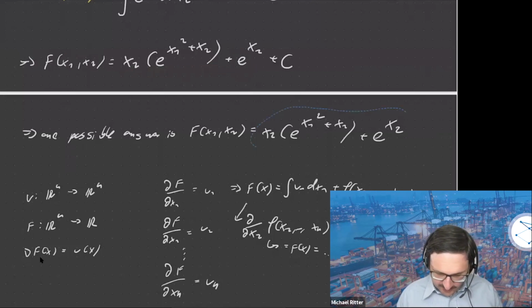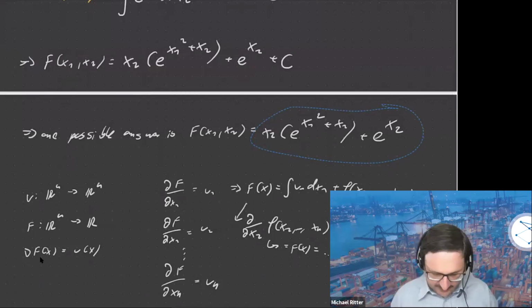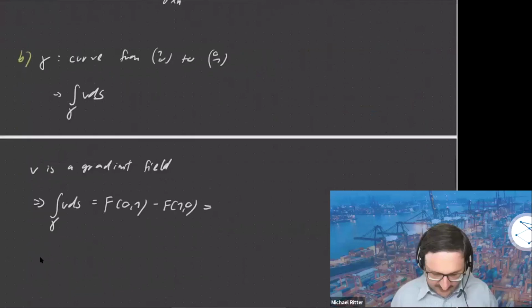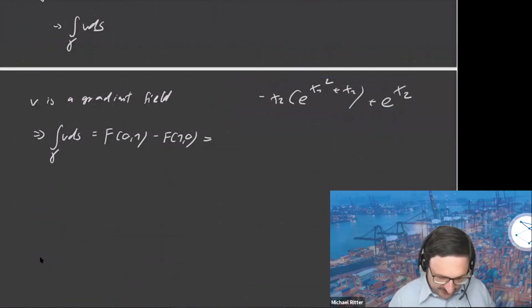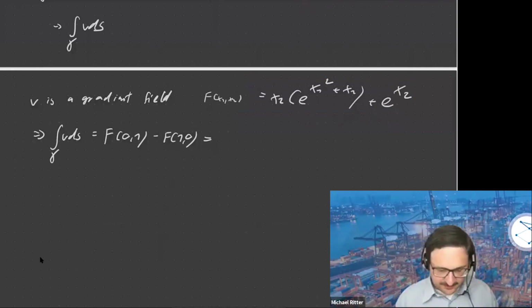Let me copy that so we can see what we're doing here. So let's take this one here, for example. Copy that. Put it in here. All right, so that was our potential here. F of x1, x2 is this.